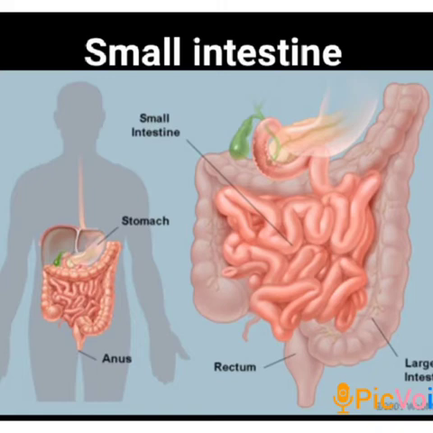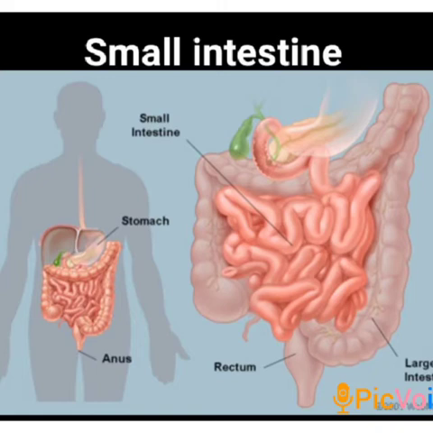The small intestine is highly coiled and is about 7.5 meters long. It receives secretions from the liver and the pancreas. Besides, its wall also secretes its own juices.